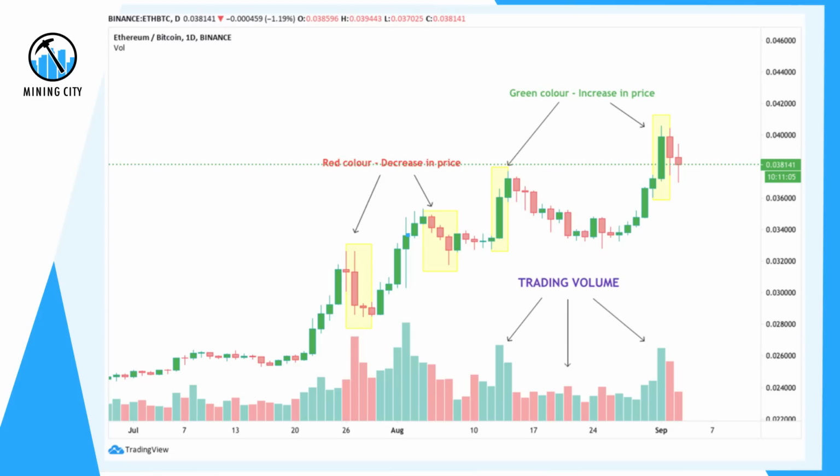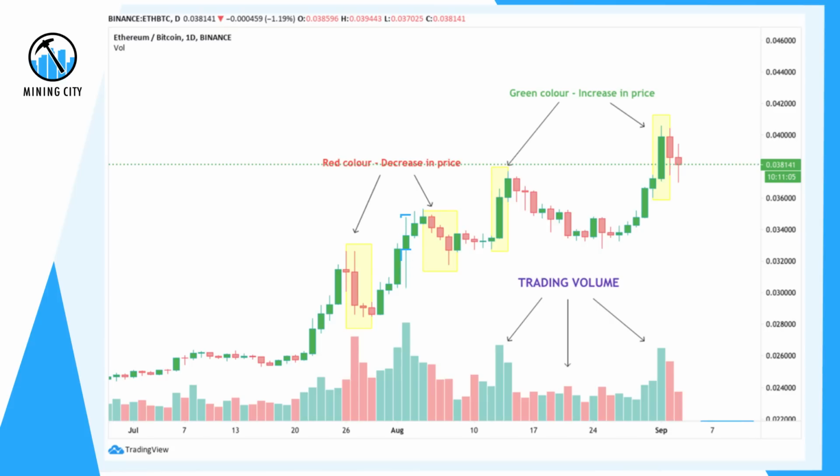The body of the candle shows you the difference between the opening and closing price of that time period, while the shadows at each end show you the highest or lowest point the price has gone over the course of that period.